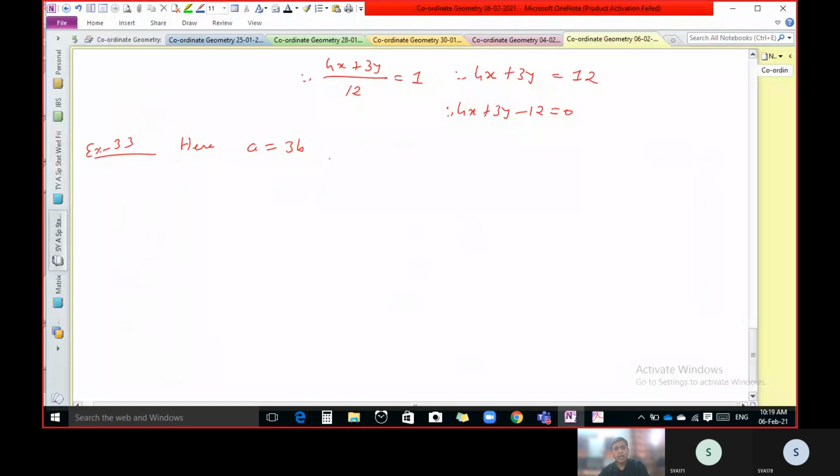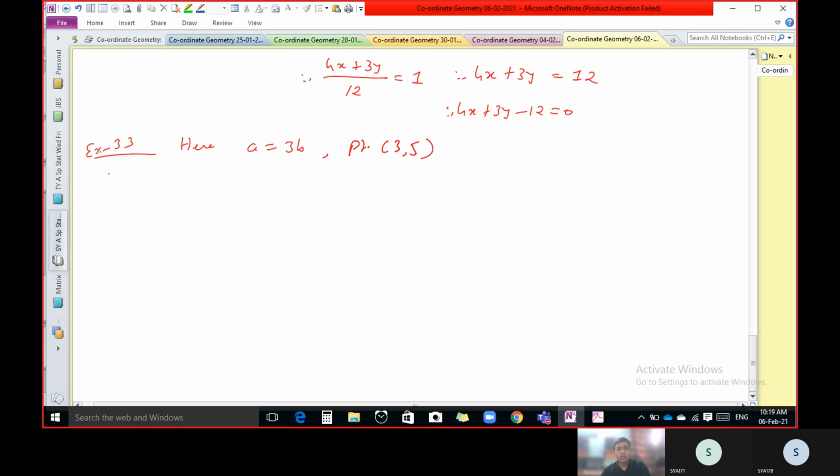Find the equation. One point is given, 3,5, and we have to find the equation. But here we don't know the exact values of a and b. Only one thing is given: the intercept on the x-axis is 3 times the intercept on the y-axis, and a point is given. So what do we have to do?